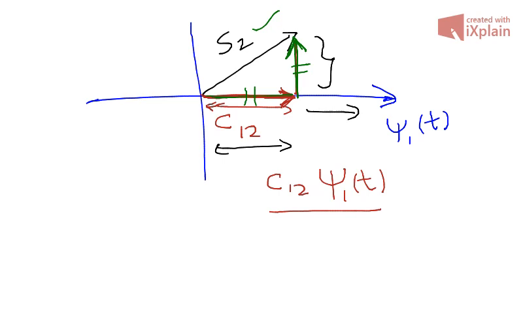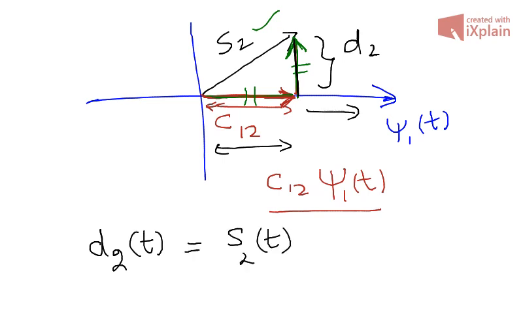This vector is for D2. So we are getting D2 of t, which is S2 of t minus C12 psi 1 of t.